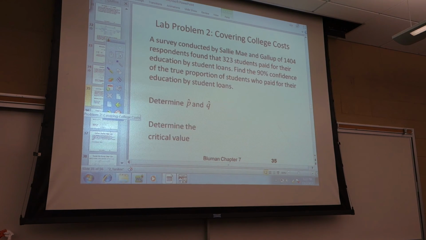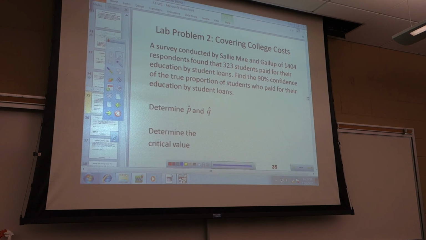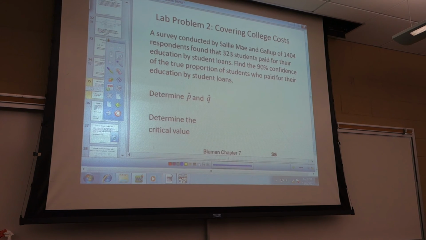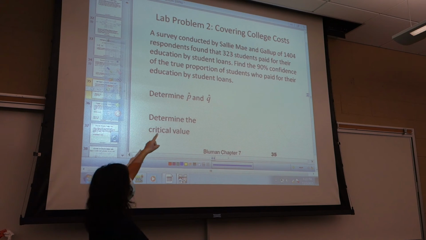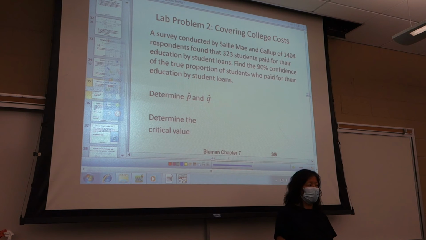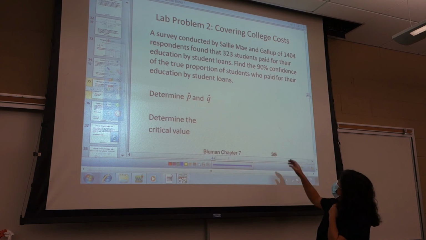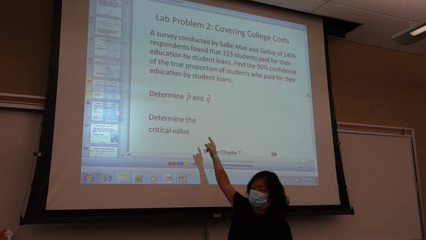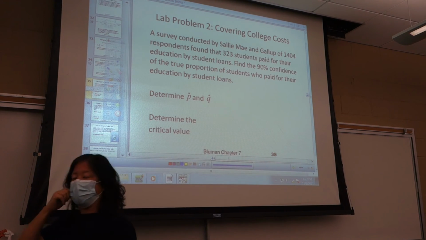All right, so here, is that problem 2? Yep. So, does everyone see the 90% up here? That says 90% confidence interval. That is not your p hat. It's a 90% confidence interval. That's telling you what type of confidence interval to use. Good, so everybody find your p hat and q hat right now and find your critical value right now. Find those 3 things.